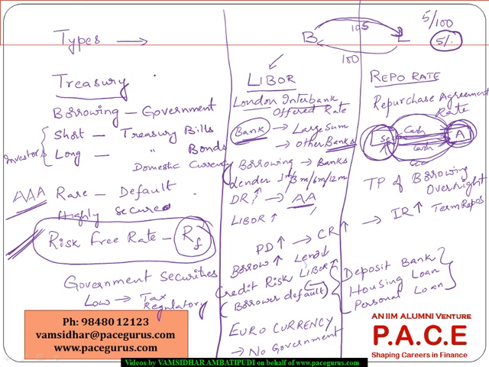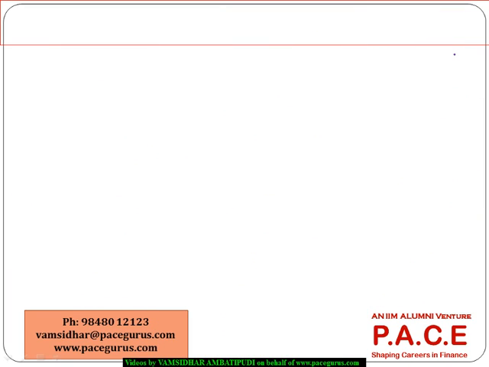So traditionally, at a higher level, either a treasury rate could be there, Libor rate could be there, repo rate could be there. These are the different kinds of definitions that could be associated with interest rates. But what we really need to know is, let's say you go to a bank and you do a deposit with the bank, and the bank says 10% per annum is the interest rate.